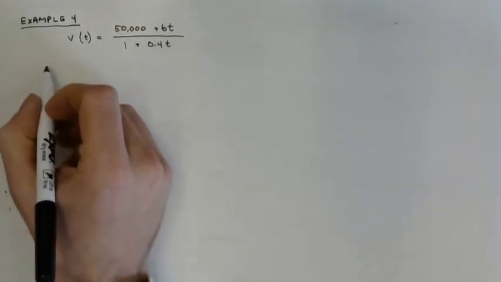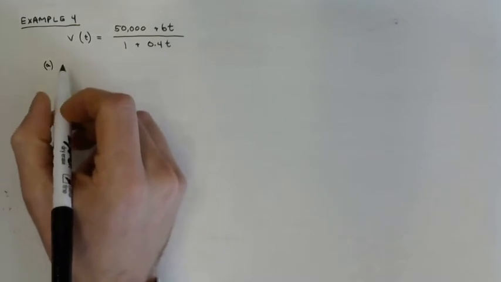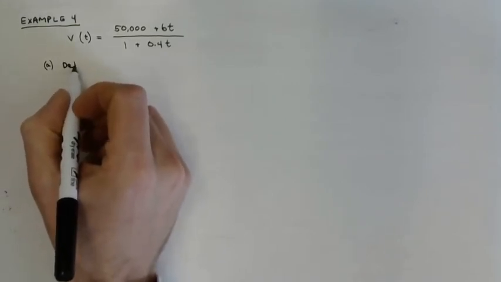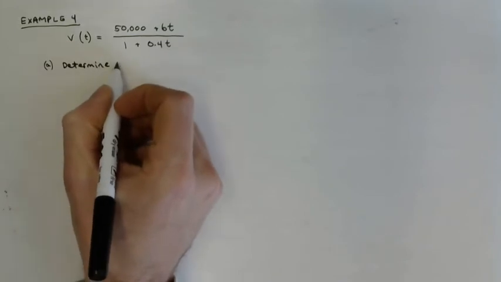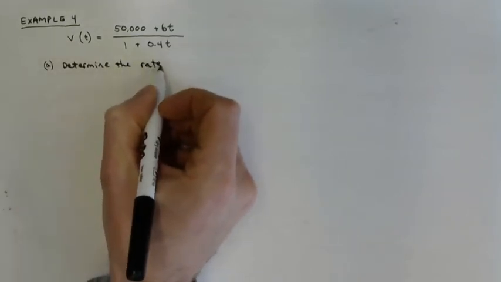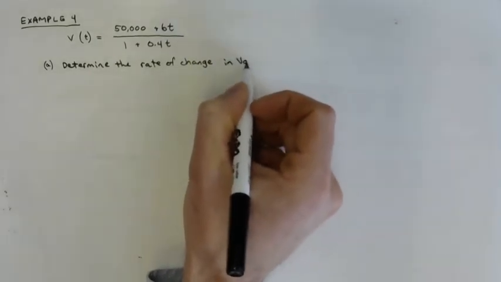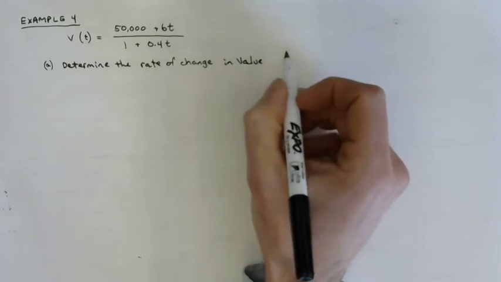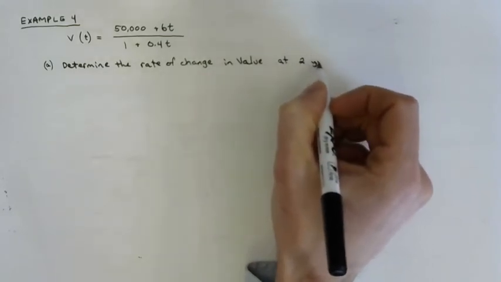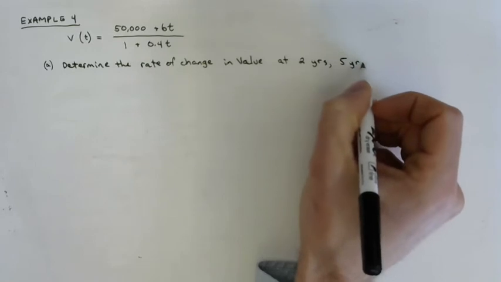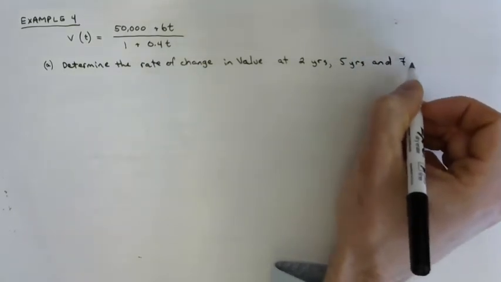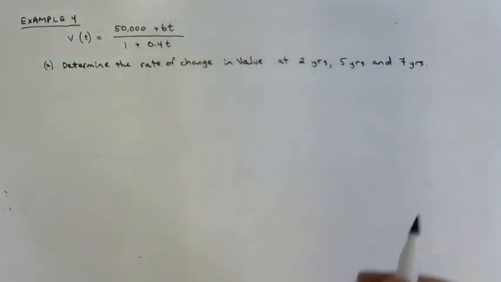Okay, so a rational function that represents the value in dollars of a new car t years after it is purchased. And what we are asked to do is determine the rate of change in value at 2 years, 5 years, and 7 years after purchase.